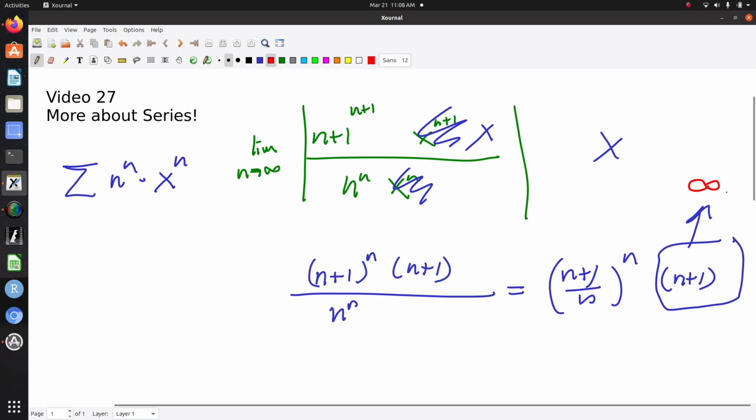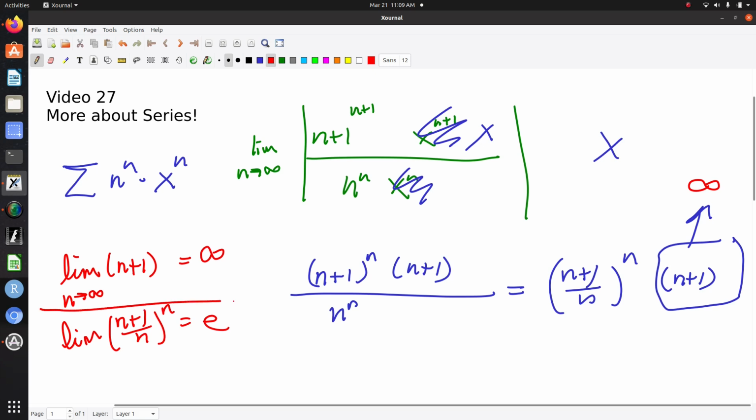As n goes to infinity, the limit of n plus 1 goes to infinity. It doesn't even matter if you don't recognize the other piece, but I'm going to introduce it to you now. This is actually a form of e, but if you don't know that, that's okay. You can rewrite it as (1 plus 1 over n) to the n, and you'd be forgiven if you think it goes to 1.